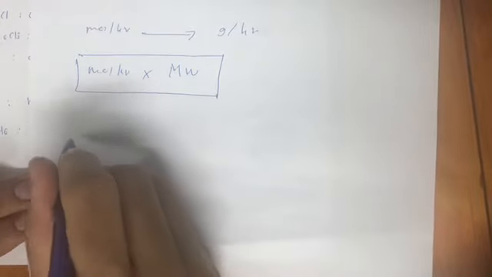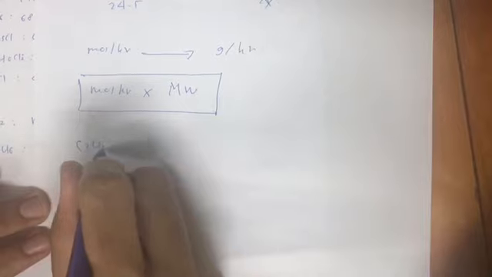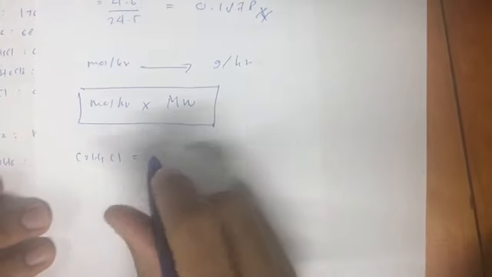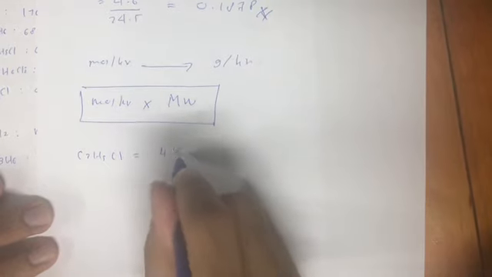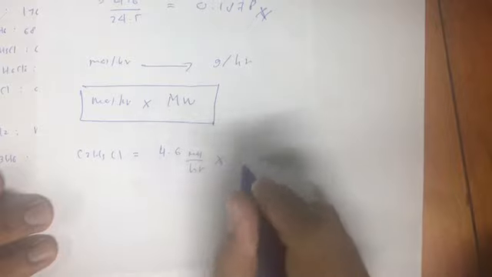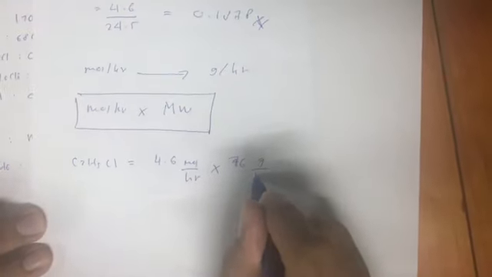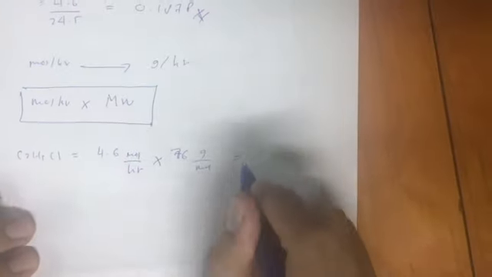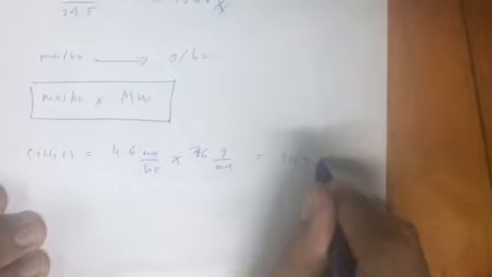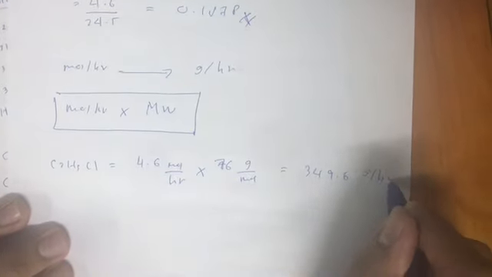For the first chemical species, C3H5Cl, the mole flow rate is 4.6 mole per hour times 76 gram per mole. That is equal to 349.6 gram per hour.